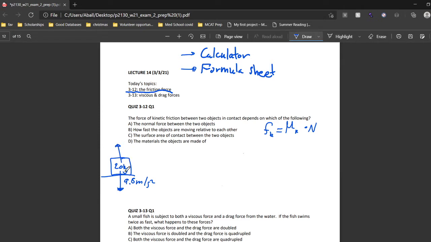And the normal force would be equal to the gravitational force. So the gravitational force is equal to 20 times 9.8, which is, let me put it in the calculator, 196 newtons. So these are equal to one another.